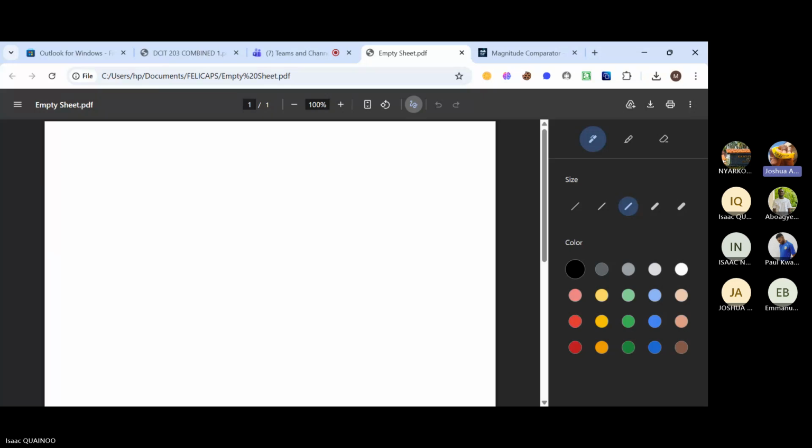Can you say it has 2 inputs and 3 outputs? All right, so you said 2-bit magnitude comparator, it has 2 inputs. But how would the 2 inputs look like? A and B. You said you are comparing.